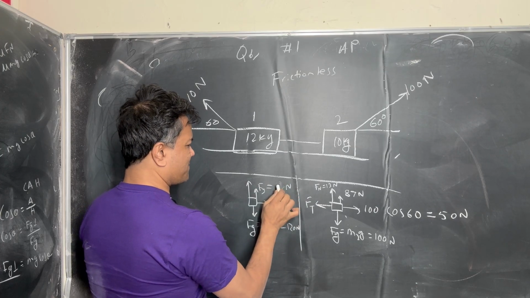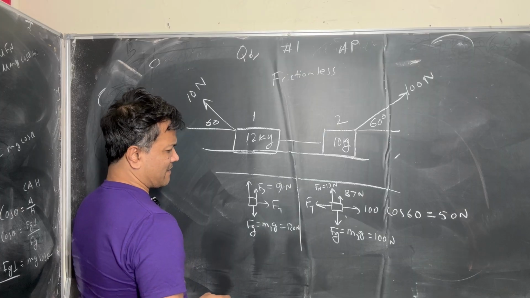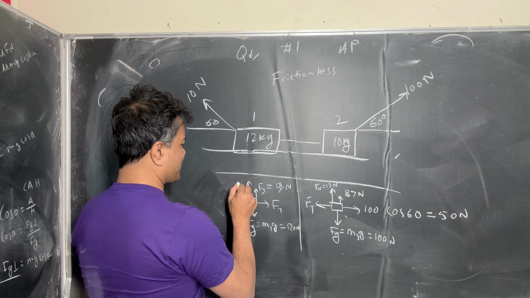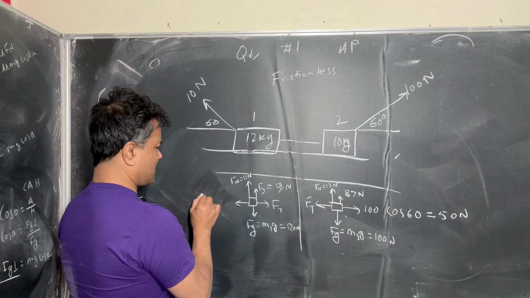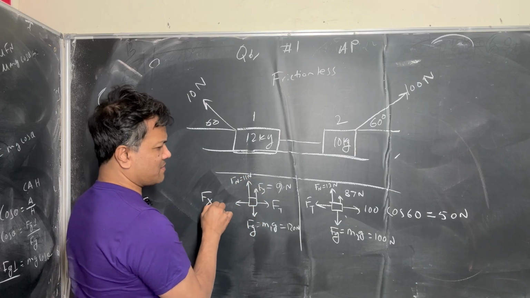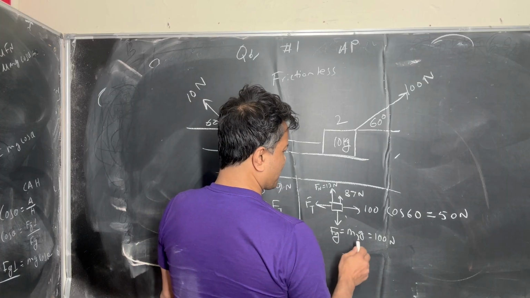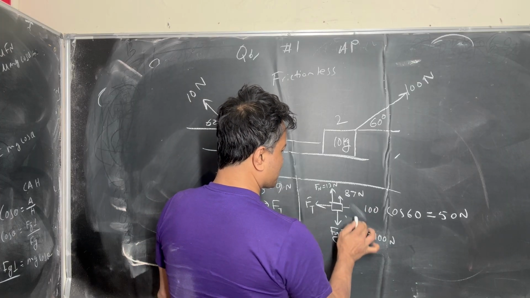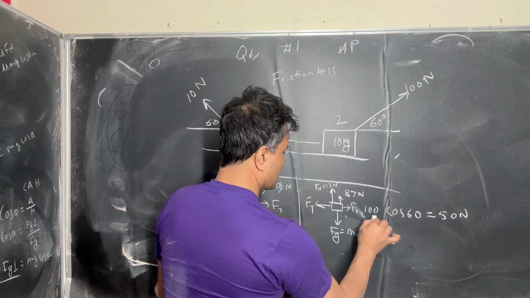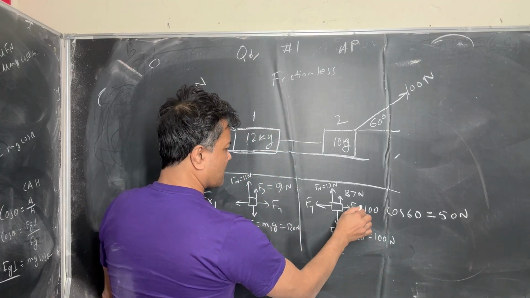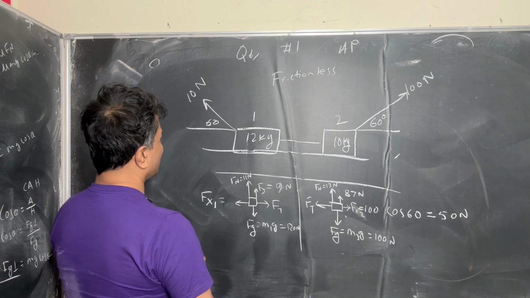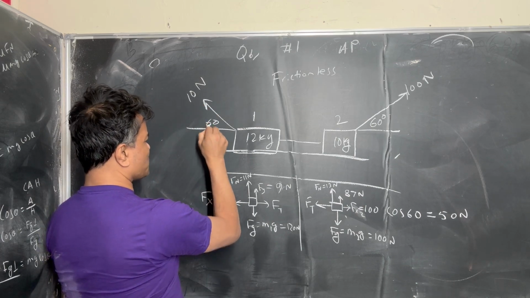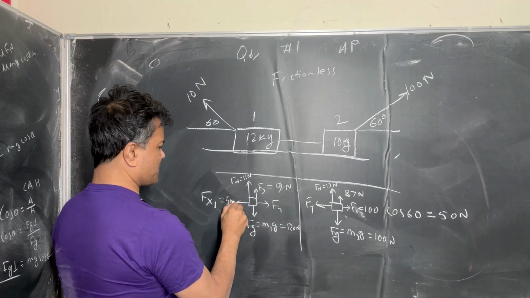I'm going to say 9. So Fn is 111 Newton. This is Fx1, and this is Fx2. Okay, Fx1 is how much? 10 cosine 60, which is 5 Newton.